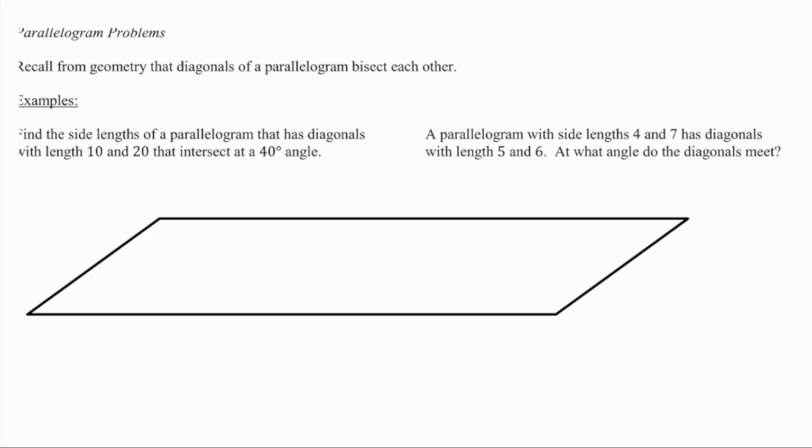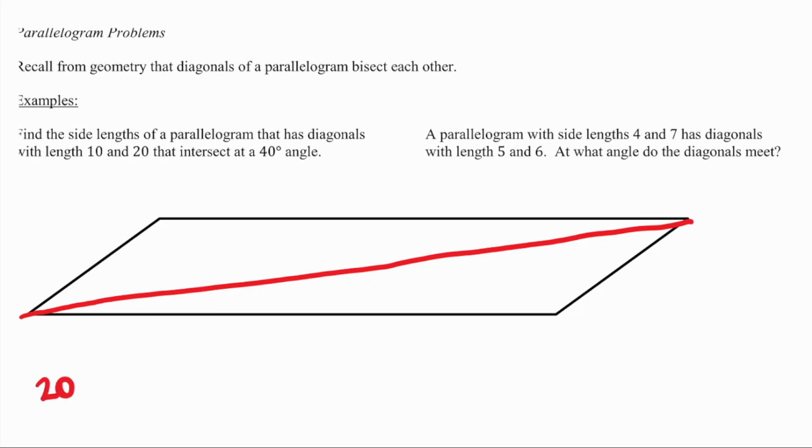Alright, even still, that's probably not gonna work. Probably wanted to draw that more like a diamond or laid out some other way, but I'm going to say the red diagonal is going to be the 20. And then the blue diagonal is going to be the one with length 10, and you're just going to have to forgive me that. Okay, so we've got ourselves a couple of diagonals, and they're bisecting each other.